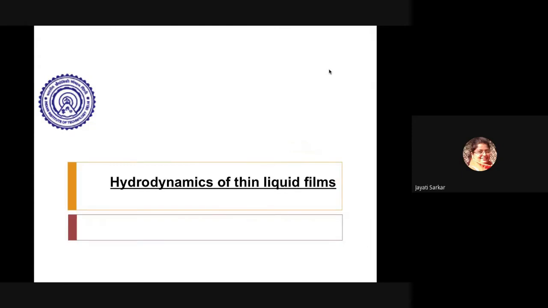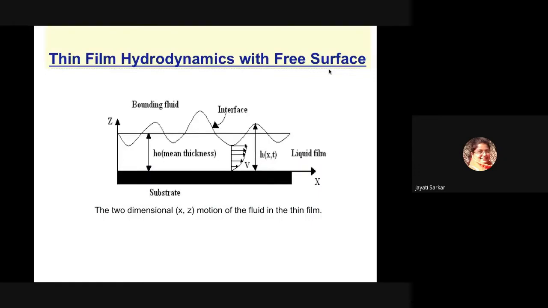So let us first go into the hydrodynamics of thin liquid films. As we have said, this is a thin liquid film which is cast on the substrate. So why are we saying self-organization? Because this is a technique by which the film rearranges amongst itself because of some force field, right? Whether it is an internal force field or an external force field.